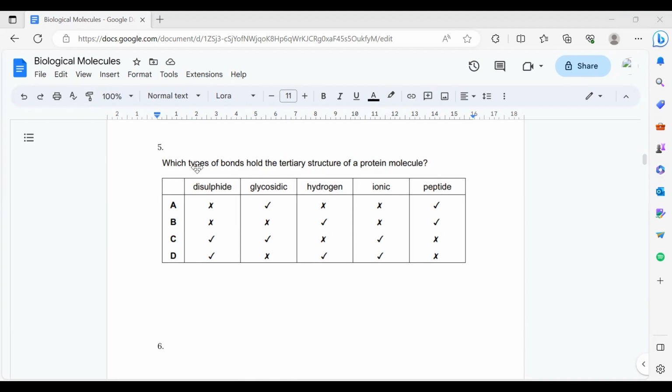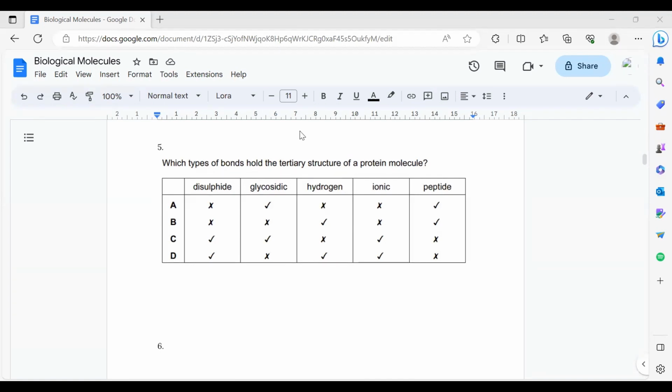Now moving on to number 5, which types of bonds hold the tertiary structure of a protein together? You have to remember that the primary structure of a protein is primarily made of covalent bonds known as peptide bonds, and the secondary structure has one more extra bonding known as hydrogen bonding. For the tertiary structure, first let's cancel out the options.